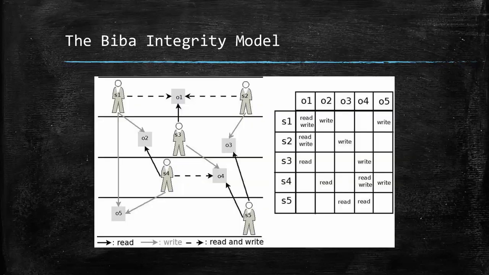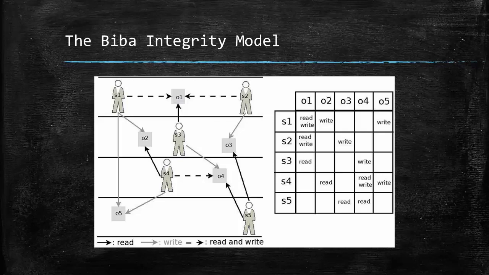Here we have a little diagram of subjects and objects, basically users and applications or whatever data they're allowed to read and write, and the level of access they have towards the object.